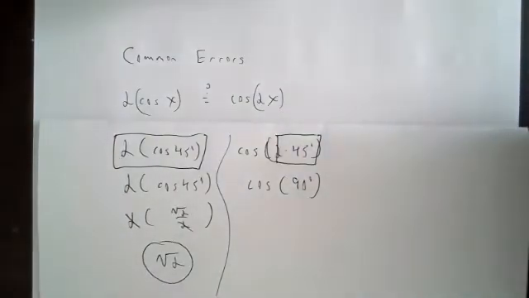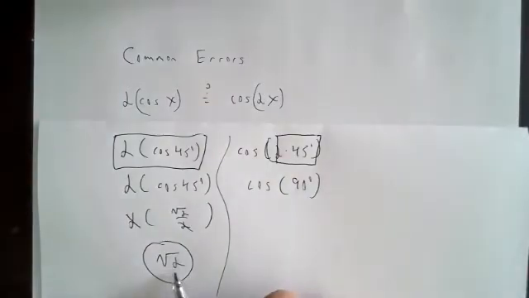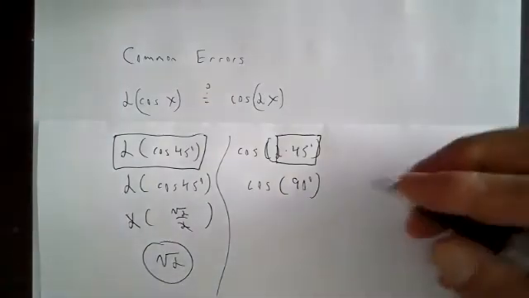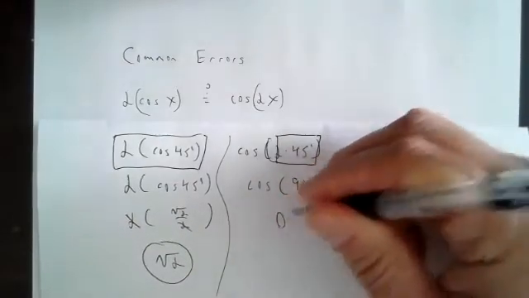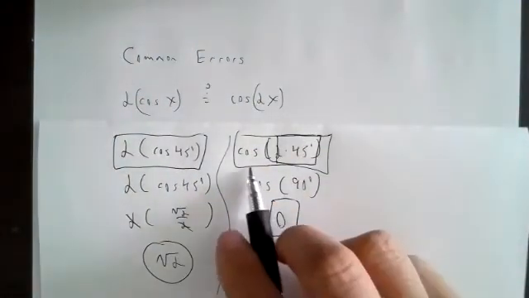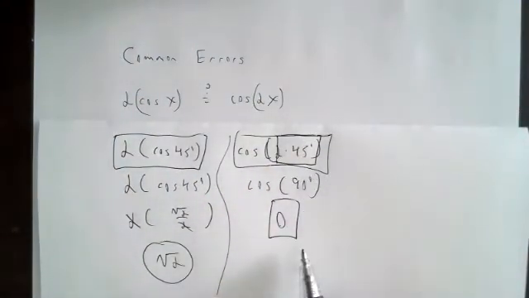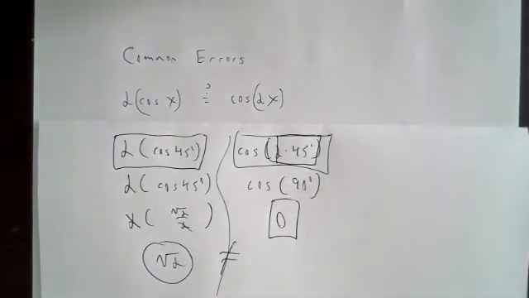And what's the cosine of 90 degrees? I'll give you a hint, it's not root 2. The cosine of 90 degrees is 0. And so these two things, 2 times the cosine of 45 and the cosine of 2 times 45, were not the same thing. They were not equal to each other, right?